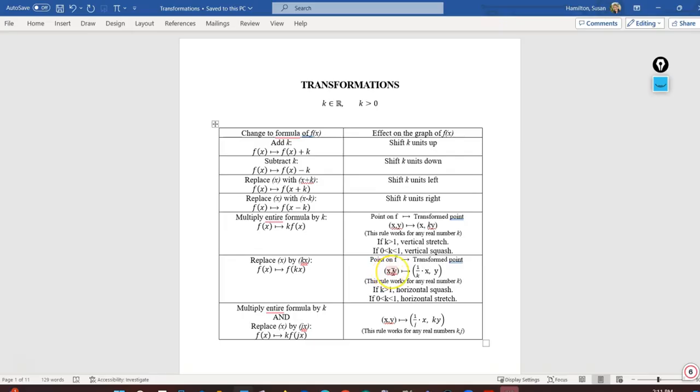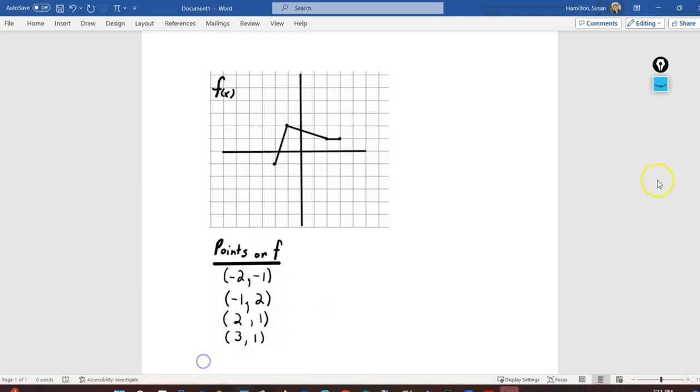So a point on my original graph will keep the same y coordinate. It will have a new x coordinate, but be careful here, it's not going to be k times x, it's going to be 1 over k times x, per the rule. So let me apply the rule to this one.